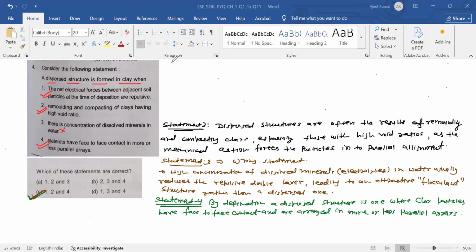One column is for features, and the next columns are dispersed structure and flocculated structure.